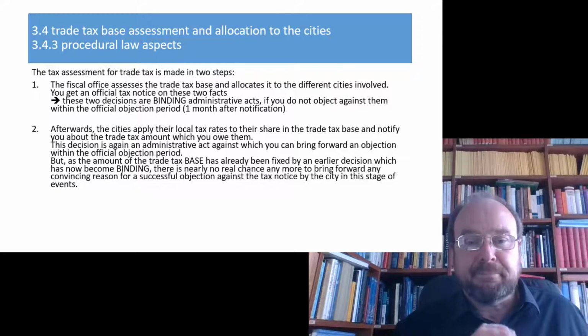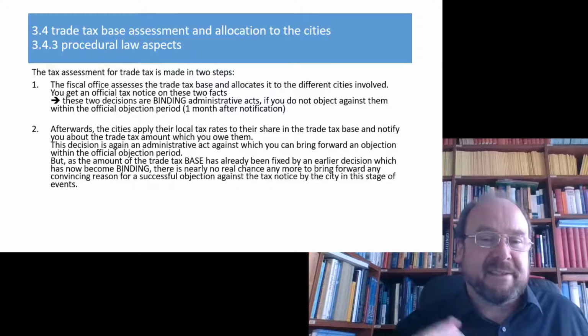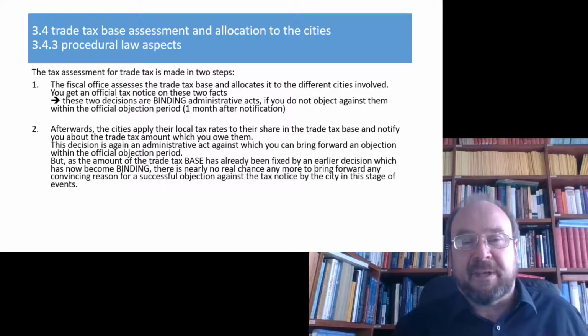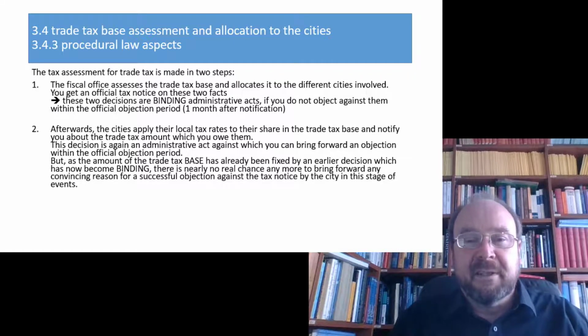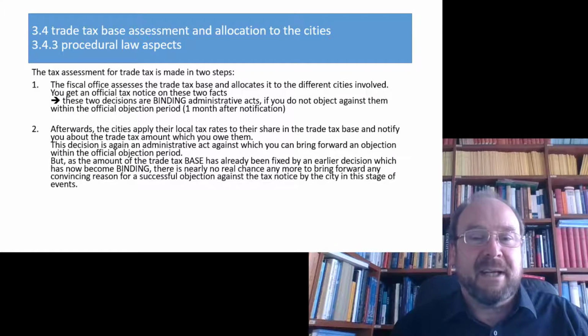Or, sorry, you sent this tax notice to my father, but my father died yesterday, so you can't demand a tax payment from a person who no longer exists. It should have been directed to me as the heir.